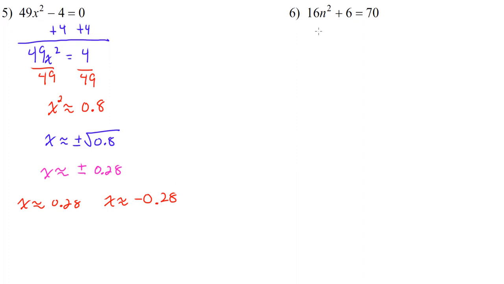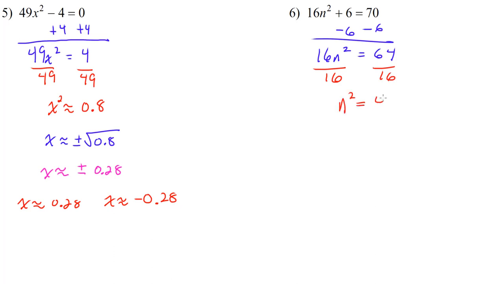Okay, number 6 here, we have 16n squared plus 6 equals 70. Step 1, subtract 6 from both sides. This gives us 16n squared equals 64. Then we have to divide both sides by 16. And we get n squared equals 4.